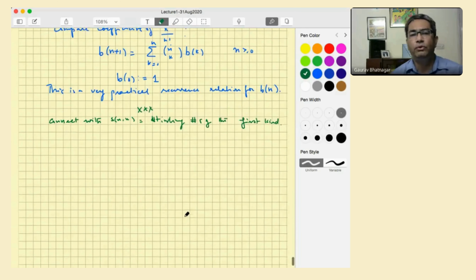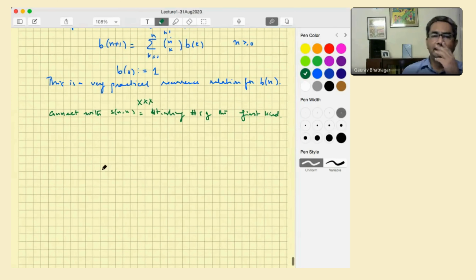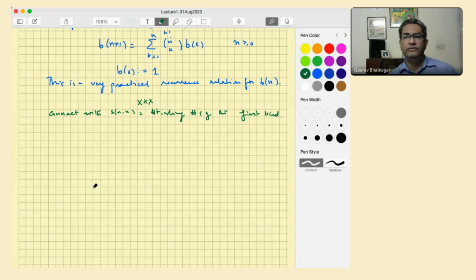So Stirling found both of them, and this is what we want to do now. The combinatorics of Stirling numbers of the first kind we will do next, I mean, after we finish with this, or maybe after a couple more items.